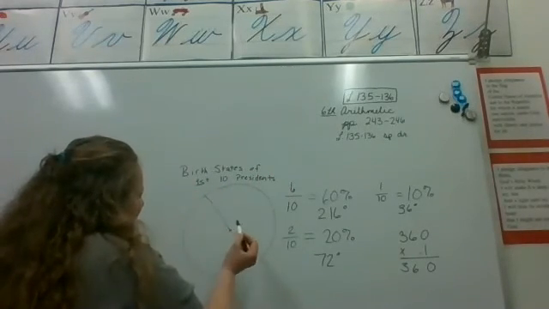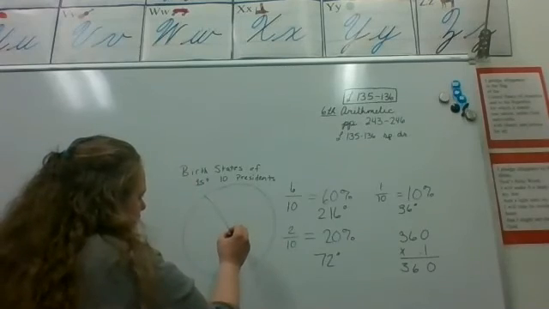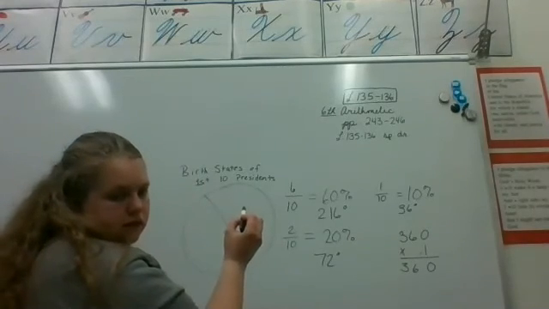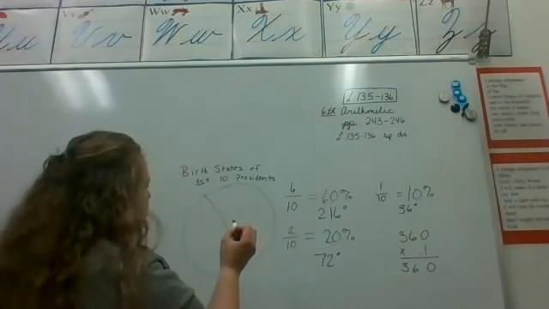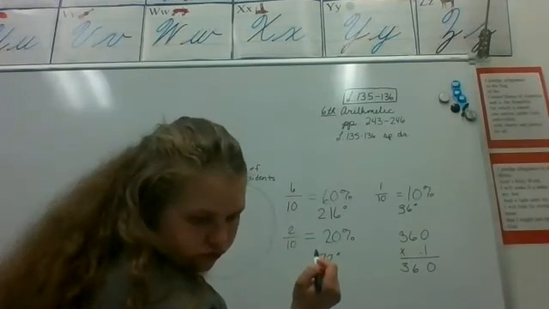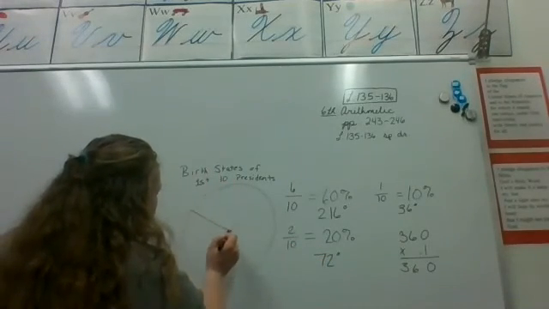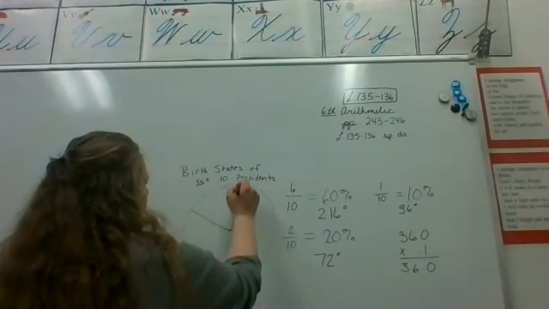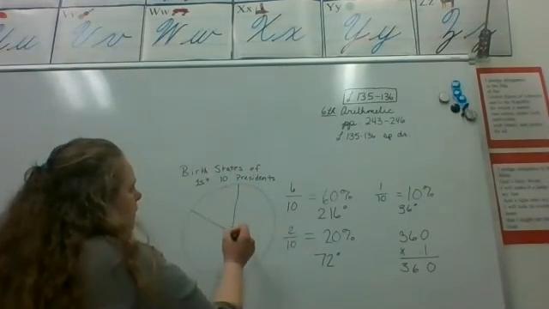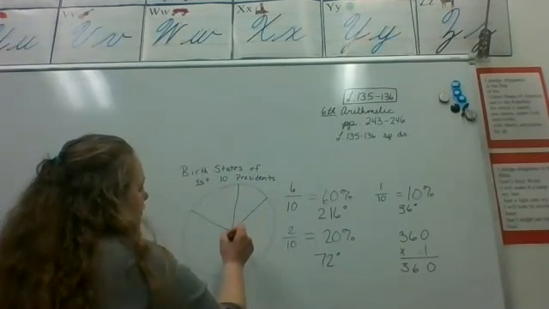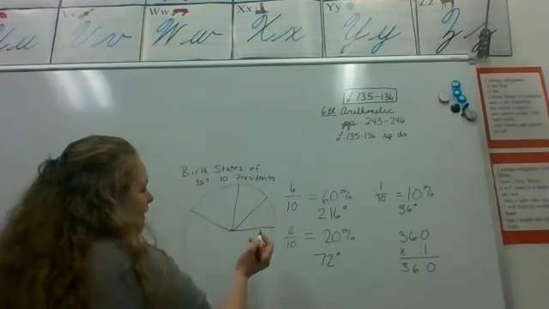So 72 degree angle is a little more like that. And then your 2 that are 36 should look something like that.